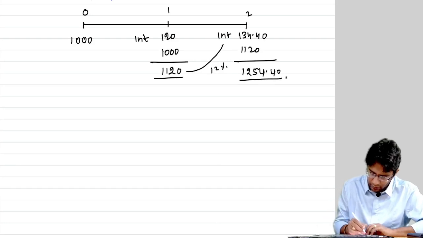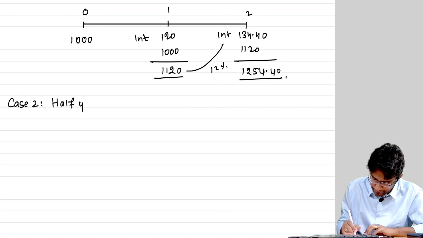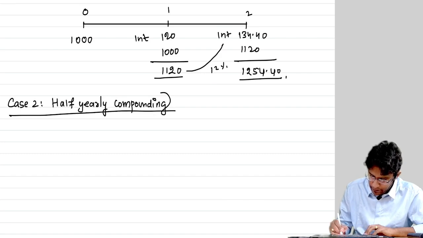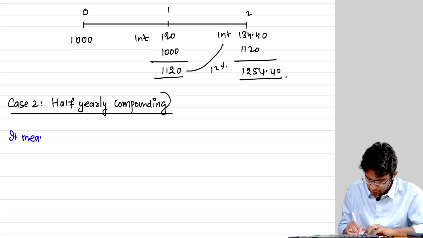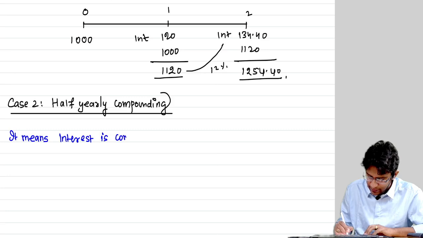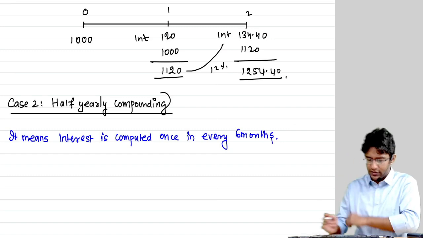Let's move on. Semi-annual compounding. What does this mean? It means interest is computed once in every 6 months.